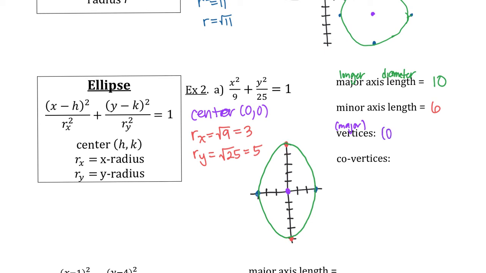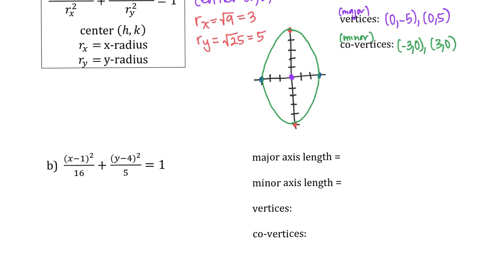The co-vertices are going to be the endpoints of the minor axis, so here and here. This is (negative 3, 0) and this is (positive 3, 0). Okay, and then any new vocabulary we'll do in the next class.